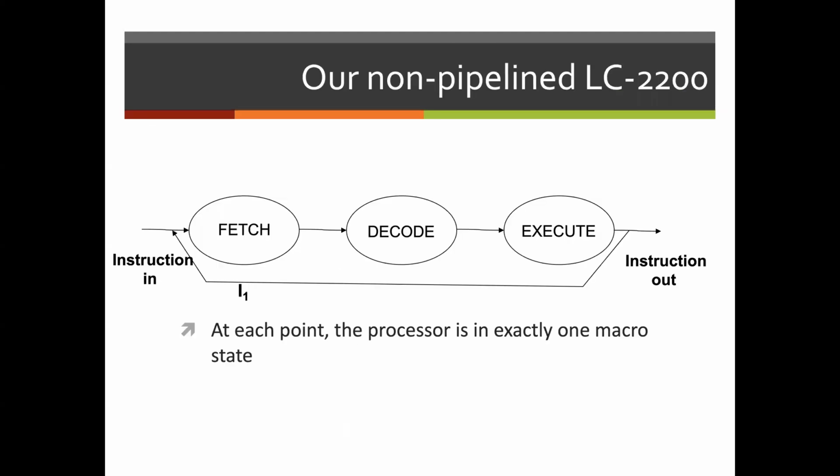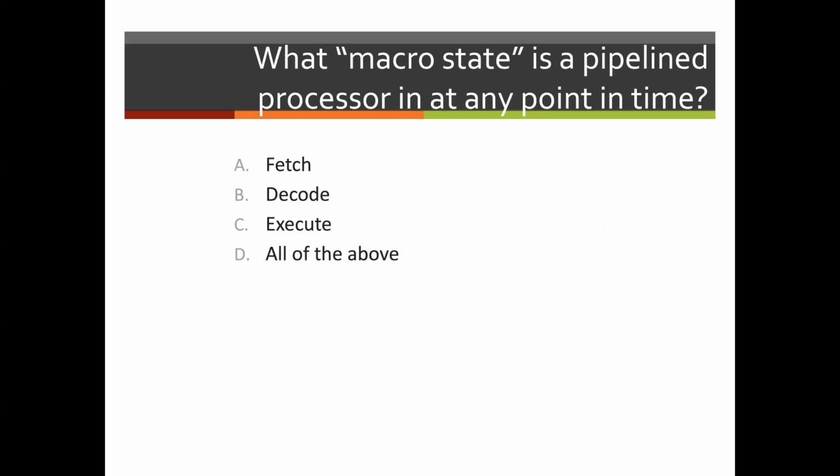And so let's return to our previous non-pipeline macro state data path. At each point in this processor, the processor is only in one stage as we progress through the data path.